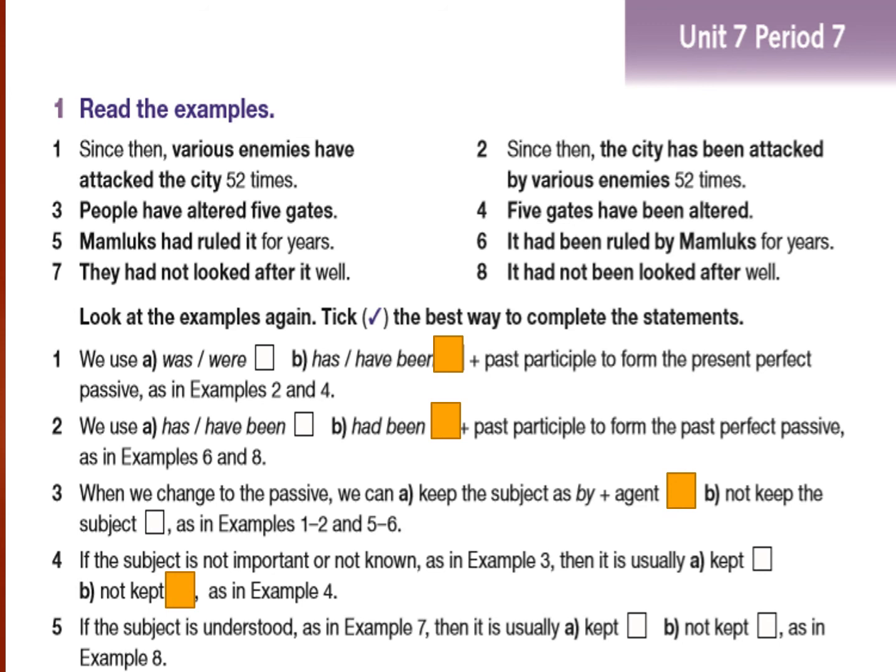Number 5: if the subject is understood, as in example 7, then it is usually not kept. As in example 8, it is not kept. Look at example 8. Yes, it is not kept. You have 1 minute to check your answers and try to correct your mistakes.